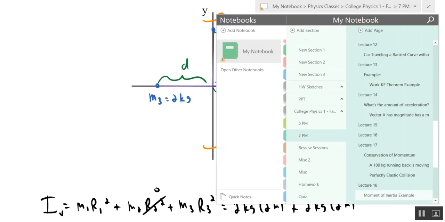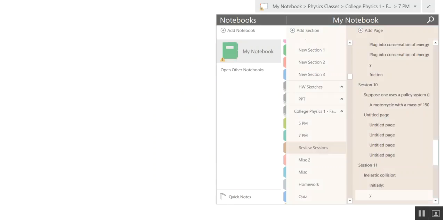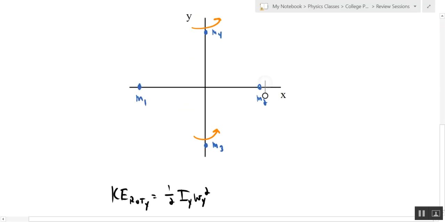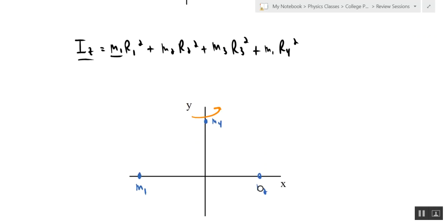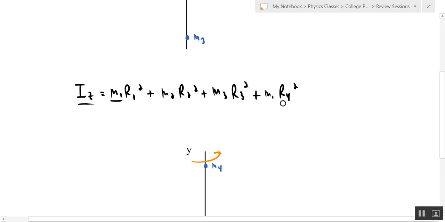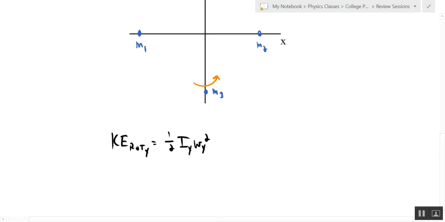So that's the reason why you have to find m1, because m1 contributes to the moment of inertia about the y-axis, because it's on the x-axis, right? So you use the 2 masses here to find the moment of inertia about the y-axis. It's almost the same equation, except that R3 and R4 are both 0, because they're on the y-axis. And that'll give you the moment of inertia about the y-axis, and then you just plug it into this equation. And that gives you the rotational kinetic energy about the y-axis.